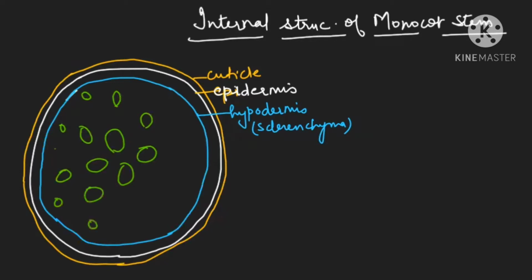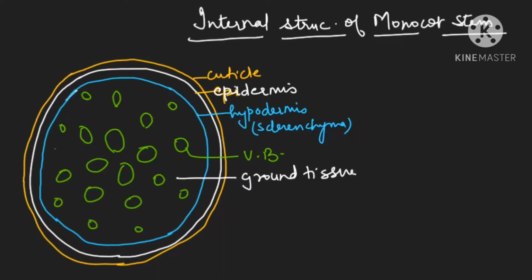Such a type of stele is known as atactostele. So vascular bundles are scattered in the ground tissue. This is a vascular bundle, and this space is known as ground tissue. We will not use the word endodermis, we will not say pericycle, no pith, no medulla, nothing.